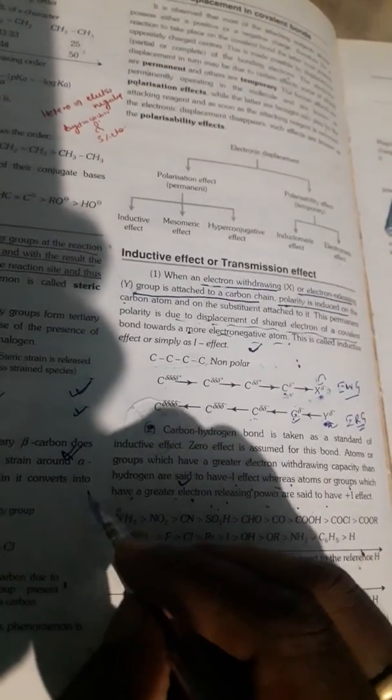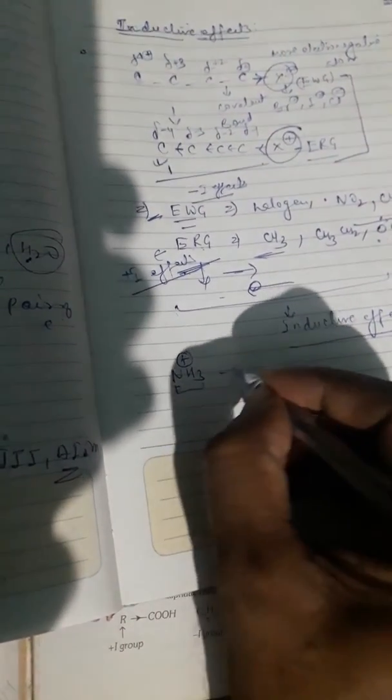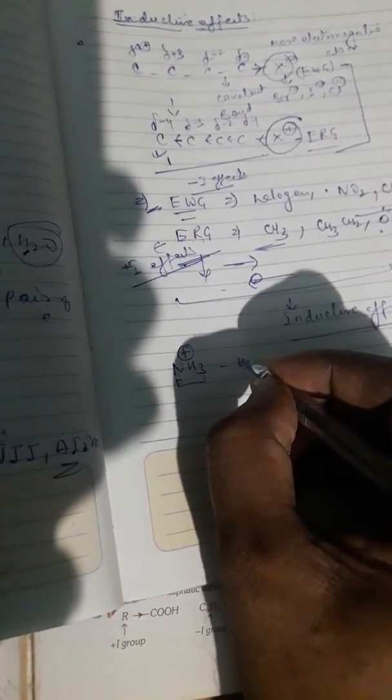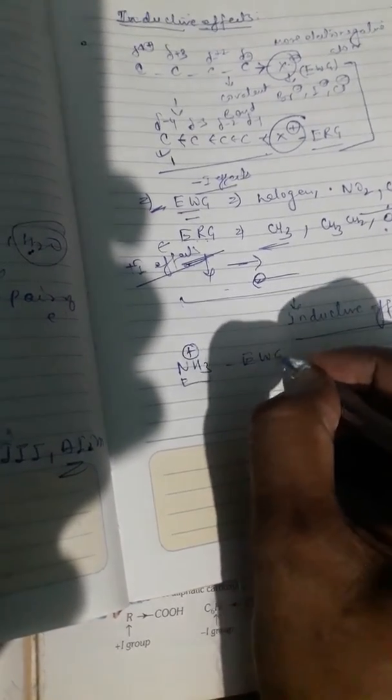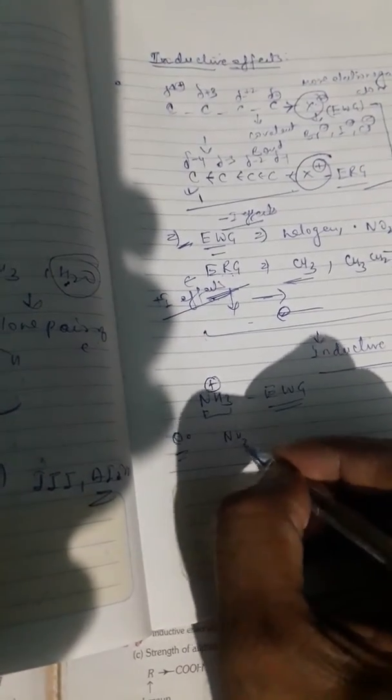So you should write this down in your notebook, because if you see here NR3+, this is also known as an electron withdrawing group. So a question can arise: NR3+ induces which inductive effect?